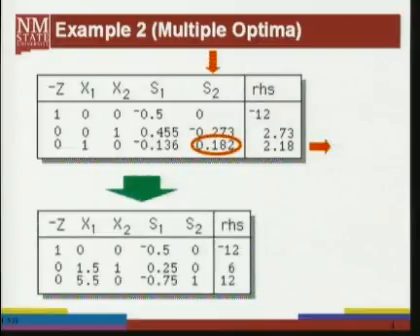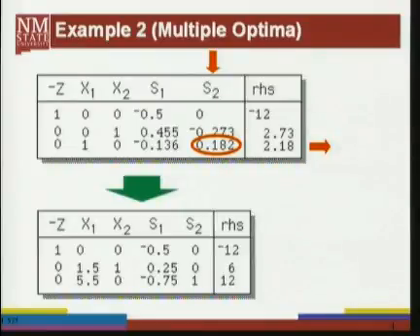Okay, first of all, I want you to recall your memory. So last time, we considered this example problem, right? And because there is no positive relative profit, in that case, we may say that this is the optimal table, right? However, there is a zero relative profit for a non-basic variable, which is S2.